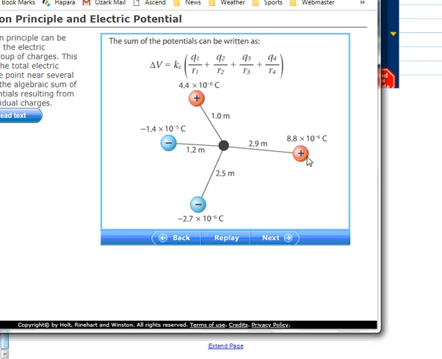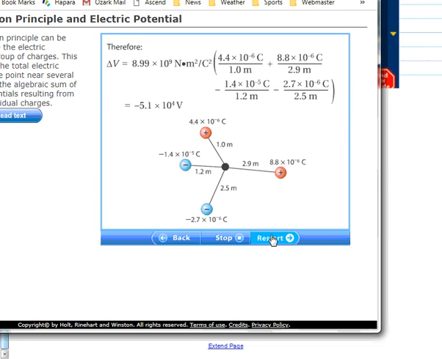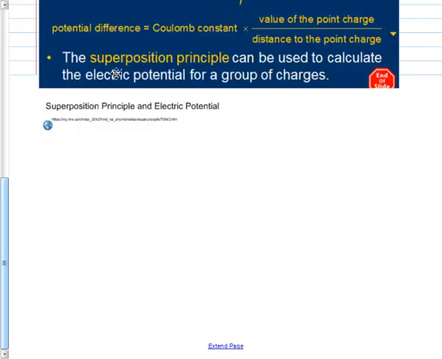Then I just repeat it for all these other charges, and they factored out Coulomb's constant because it appears in front of every one of those. So that's all they've done, separated and factored it out. Calculating the electric potential at a particular point is simply a matter of finding a scalar sum. So this one, we don't need any vectors. We can just add all those values together.